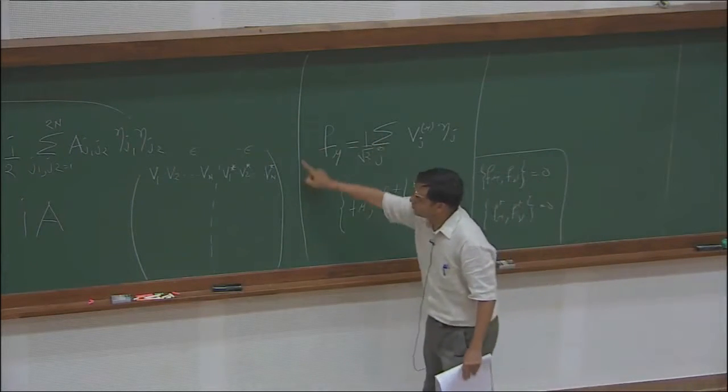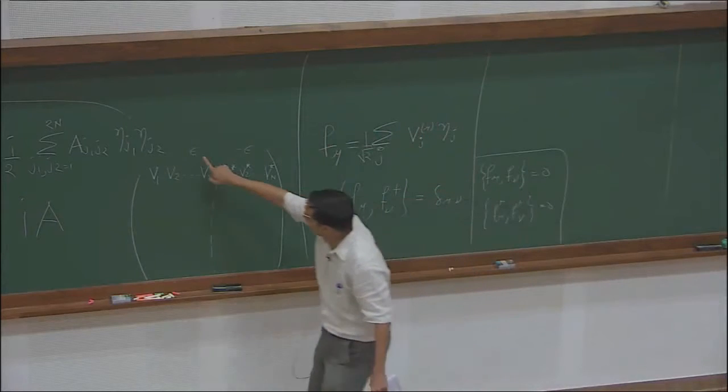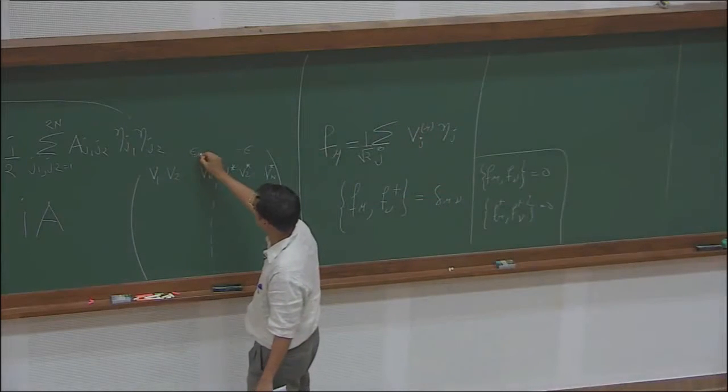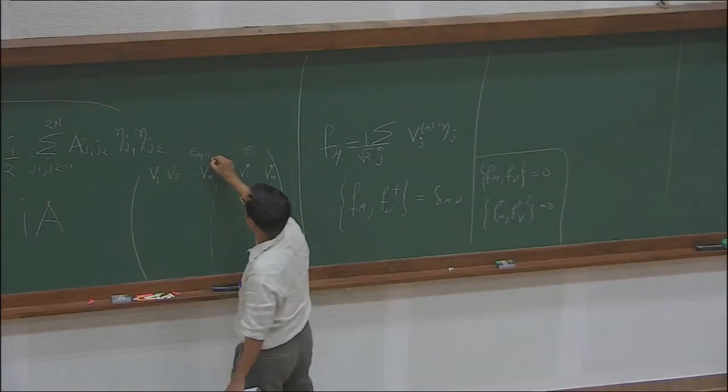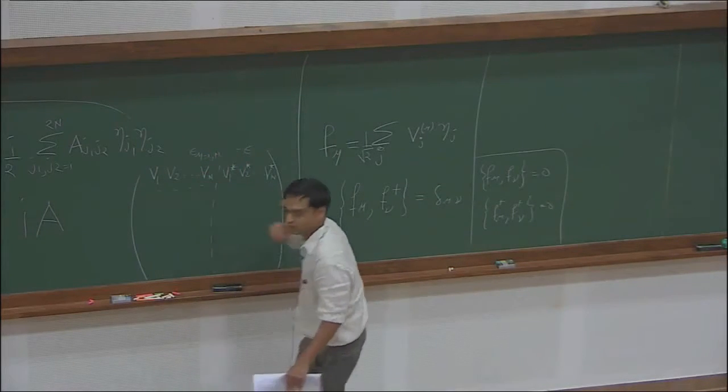And we said in terms of these fermions and these eigenvalues, the positive ones, by definition epsilon_mu running from 1 to n are these positive eigenvalues. Right?